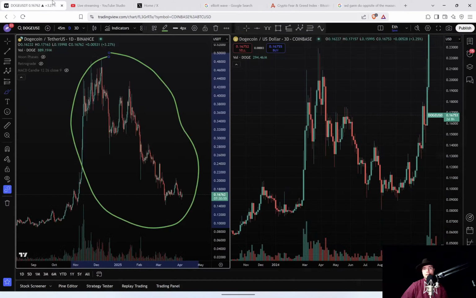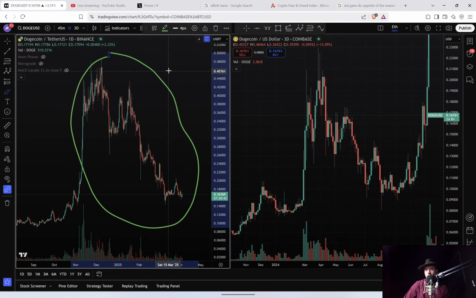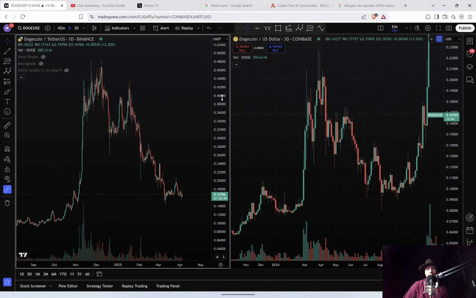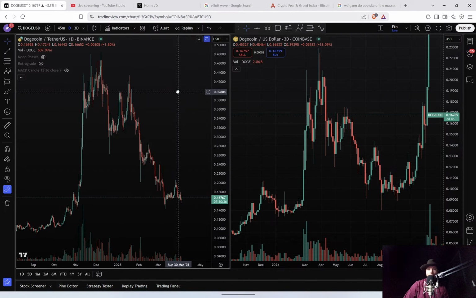Opposite. You have to be a contrarian if you want to be a good investor. You can't follow the herds, and you can't try to do what everybody else is doing. That's how you lose money. Or, at the very least, that's how you don't make a lot of money.